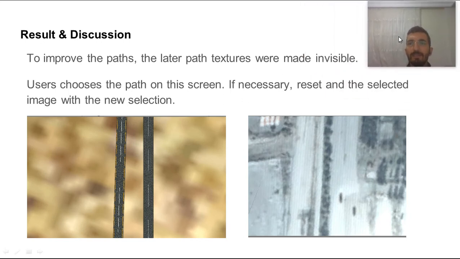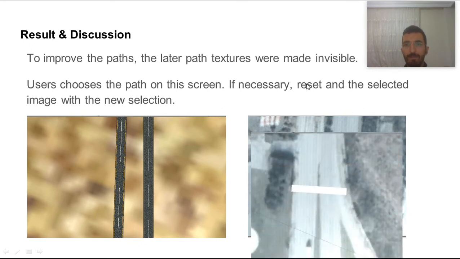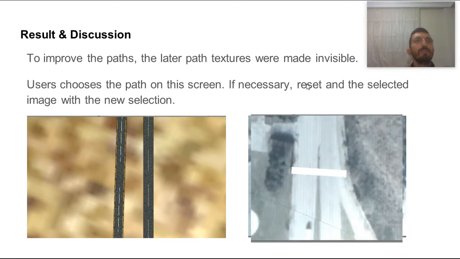In the results, to improve the paths, the road path textures were made invisible. In the right figure, you can see the line drawn after selecting points. When the user labels and saves, the line drawn on the screen disappears and becomes the same as the final right figure, so the screenshot is saved.